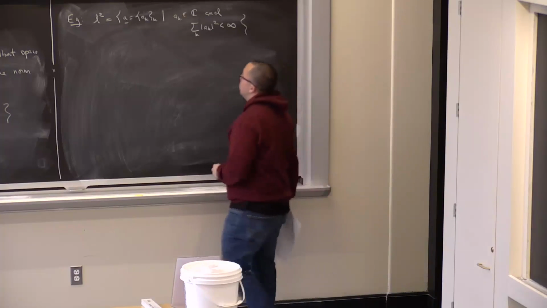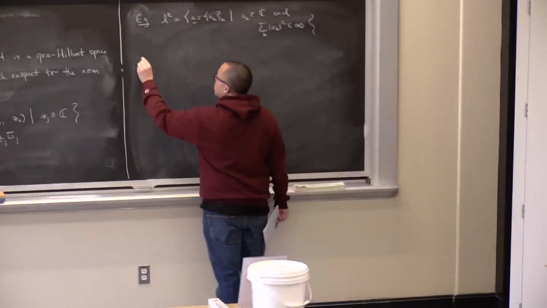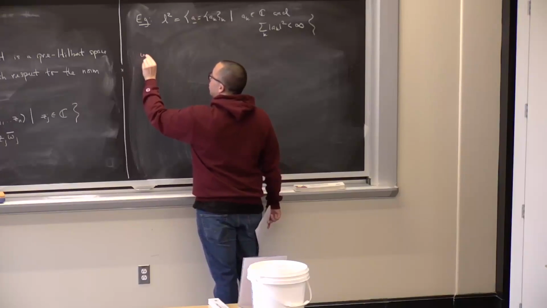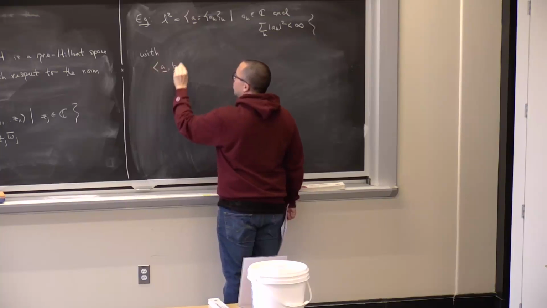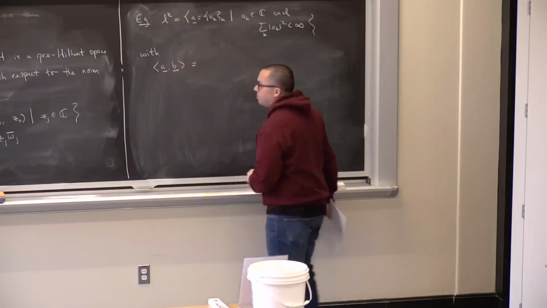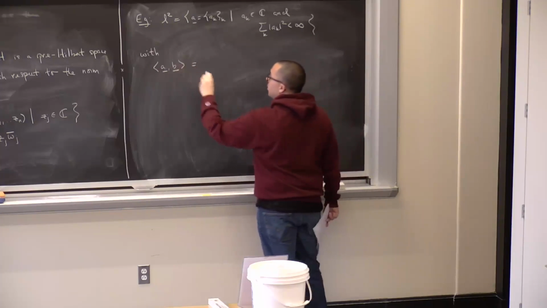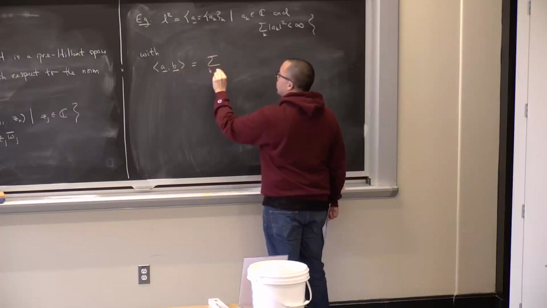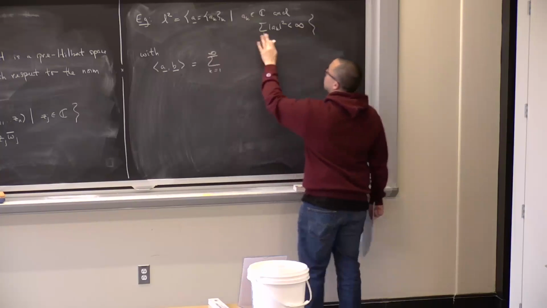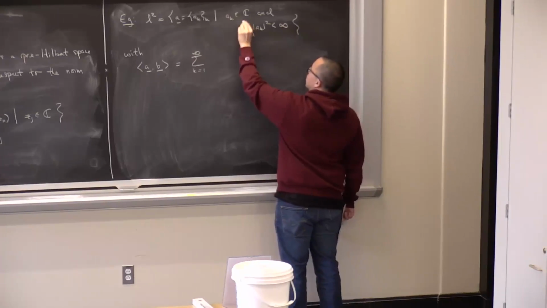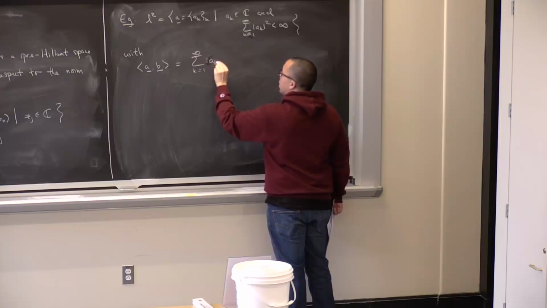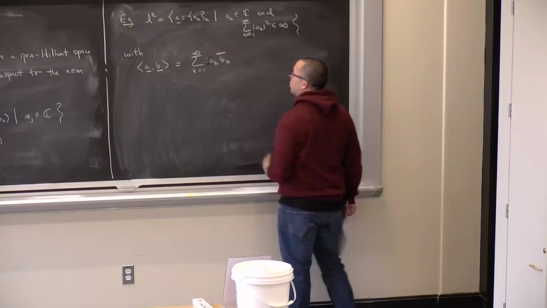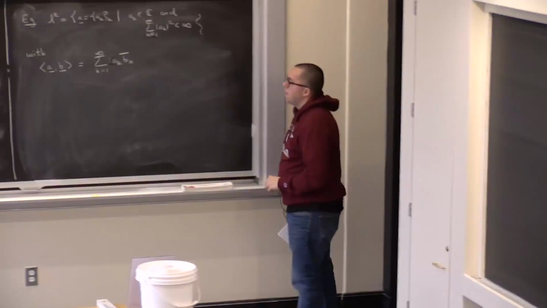The sum of the absolute value of the ak squares. This is a Hilbert space as well, with the inner product of two elements of little L2 being the sum from k equals 1 to infinity of ak times the conjugate of bk. Okay?